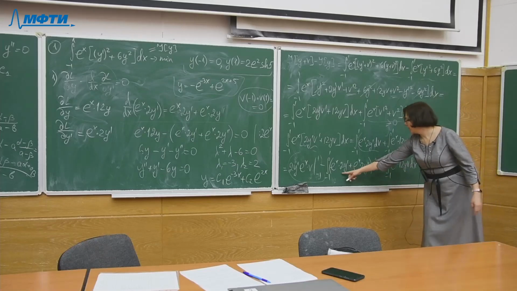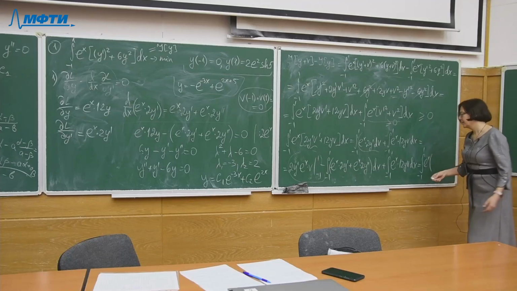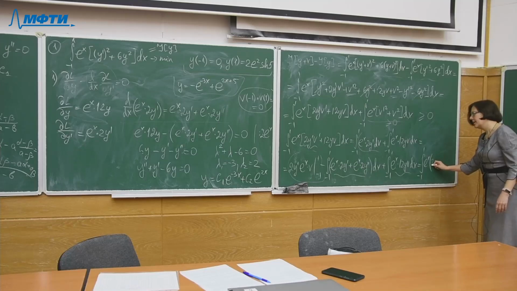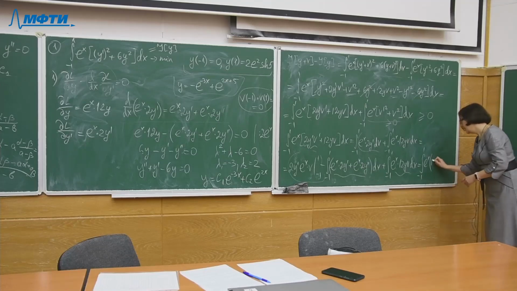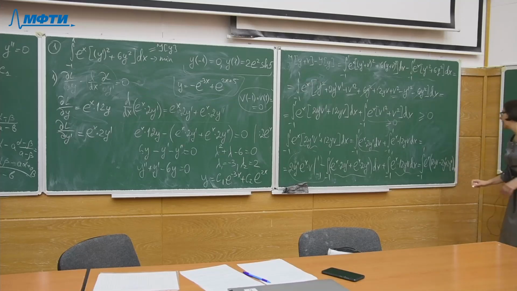And we're left with this expression. We will get e to x times, and now we join these two integrals, 12yv minus 2y prime plus 2y double prime dx.